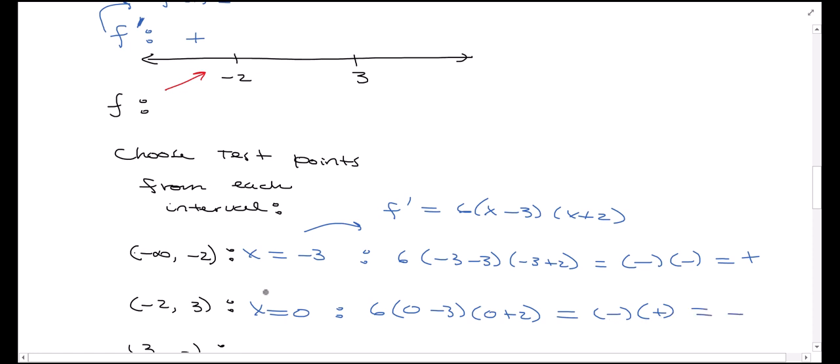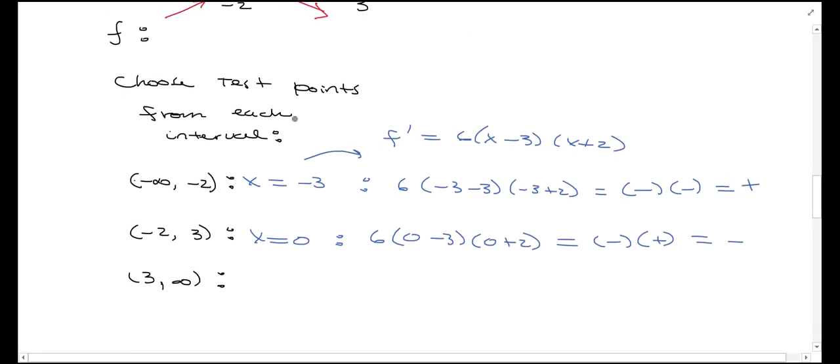So 0 is a representative of that middle interval. So the derivative is negative. What does that tell us about the function? If the derivative is negative, the function is decreasing. So f prime, positive, negative, the function is going up, going down, right? Increasing, decreasing. And then pick a representative on the interval 3 to infinity.